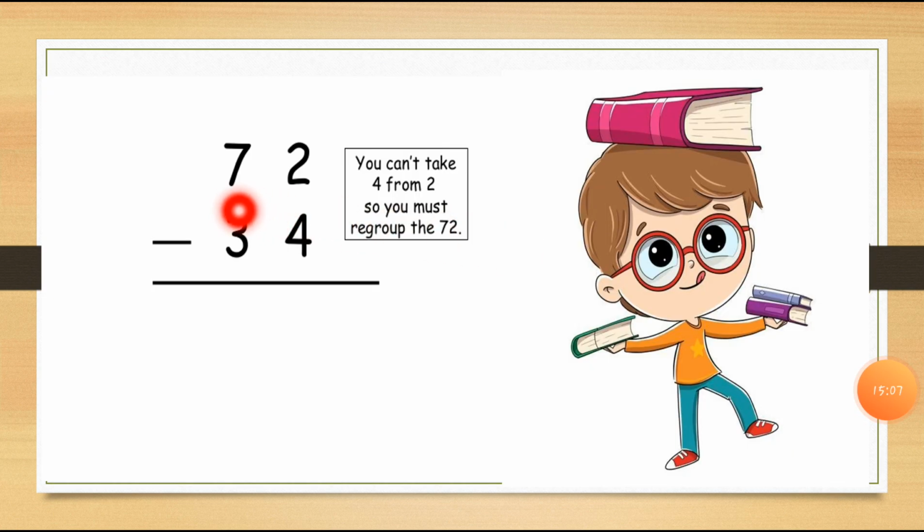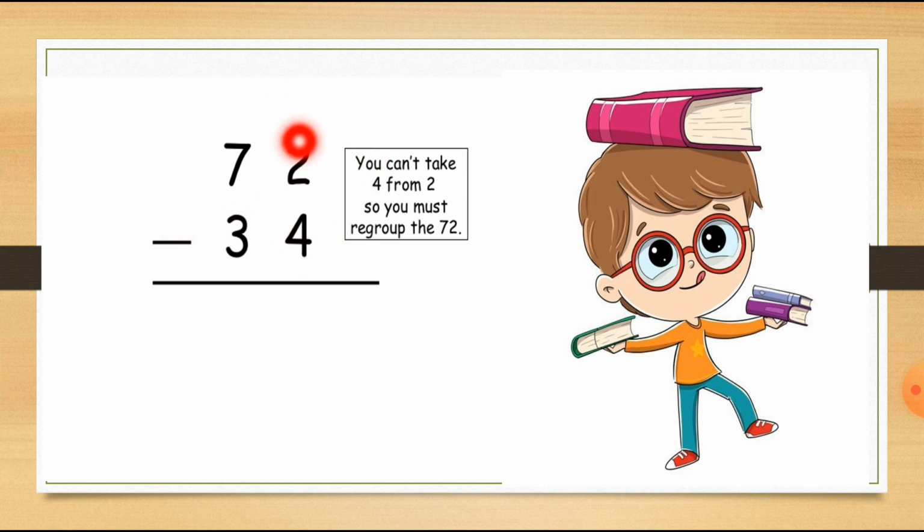Here is one example, which is 72 and 34. Now here you can see that 72 is the big number and 34 is the small number. So you may think there is no need to regroup, but we are not looking at the whole number 72 and 34 together.